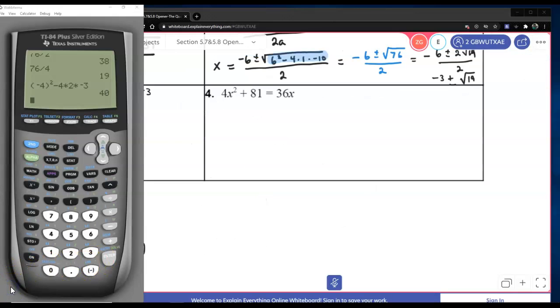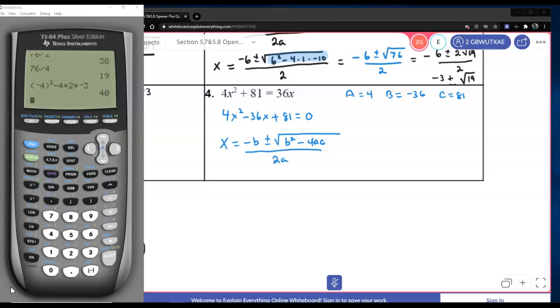For number 4, we've got to write it in standard form. So we have 4x squared minus 36x plus 81 equals 0. Identify a, in this case it's 4. Identify b, in this case it's negative 36. And identify c, which is 81. The formula, x equals negative b plus or minus the square root of b squared minus 4ac, divided by 2a.